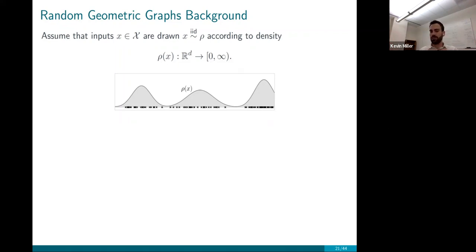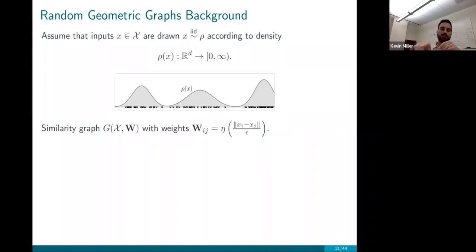And so constructing a similarity graph from the set of inputs here, we would get more connected and tightly clustered clusters of points in these regions of rho where the density is larger. So we can reflect clustering structure in this density rho, and then our analysis can consider the density rho. So we've got the similarity graph constructed from a finite sample from the underlying density rho.